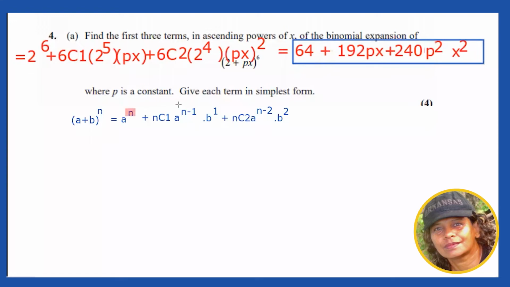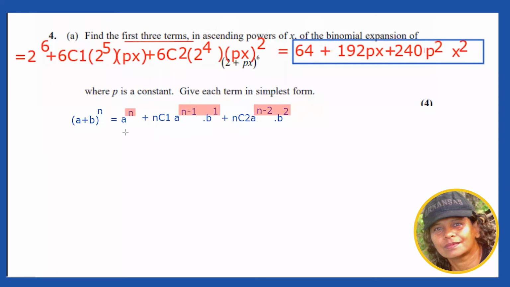So here n minus 1 plus 1 will give you n, n minus 2 plus 2 will give you n. And they have said in ascending powers of x of the binomial expansion, and they want the first 3 terms. So basically, these are the first 3 terms.